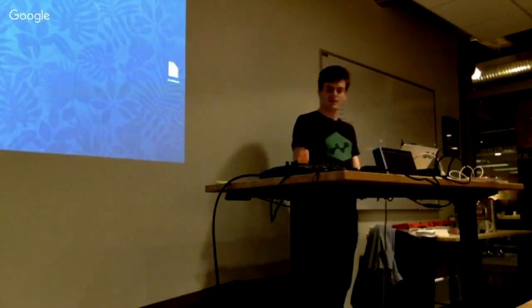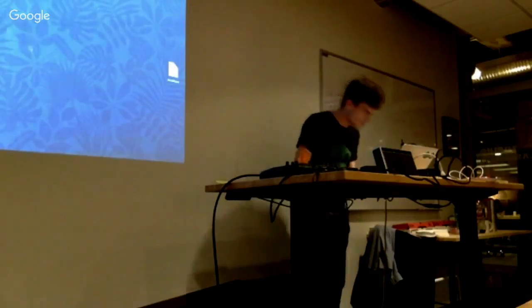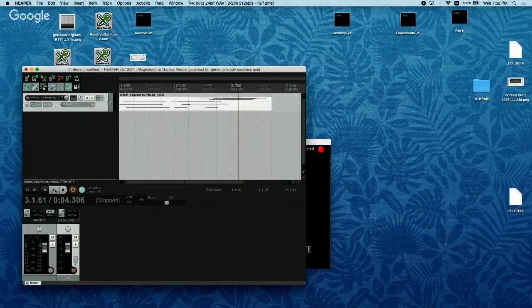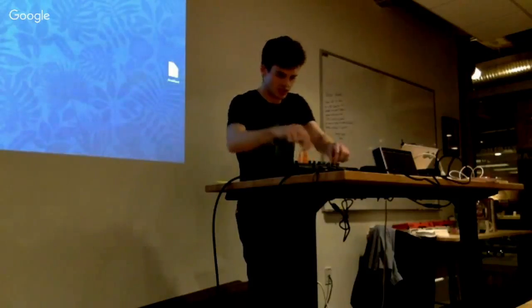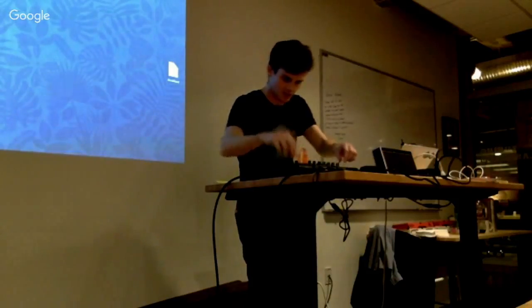But while this is playing, which we'll set to rolling here, we'll turn it down a bit. While the computer is actually running the keys, I can change the things that affect the sound.